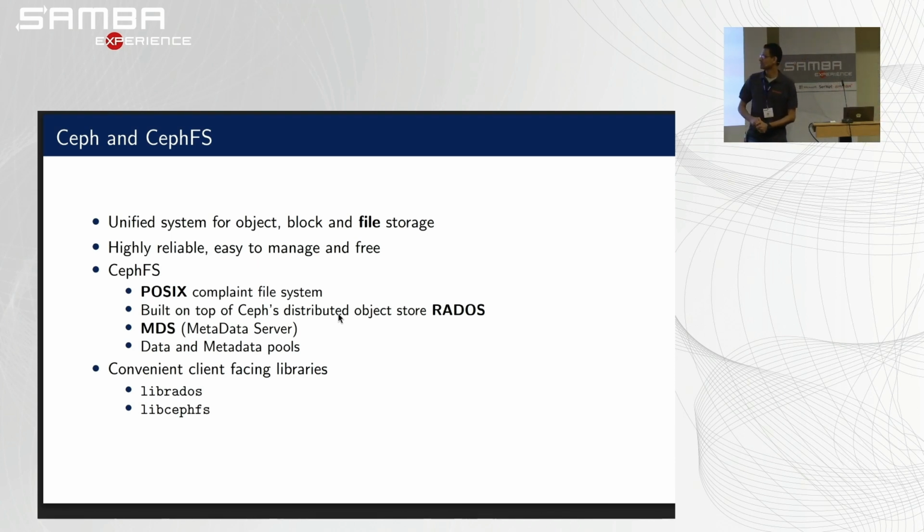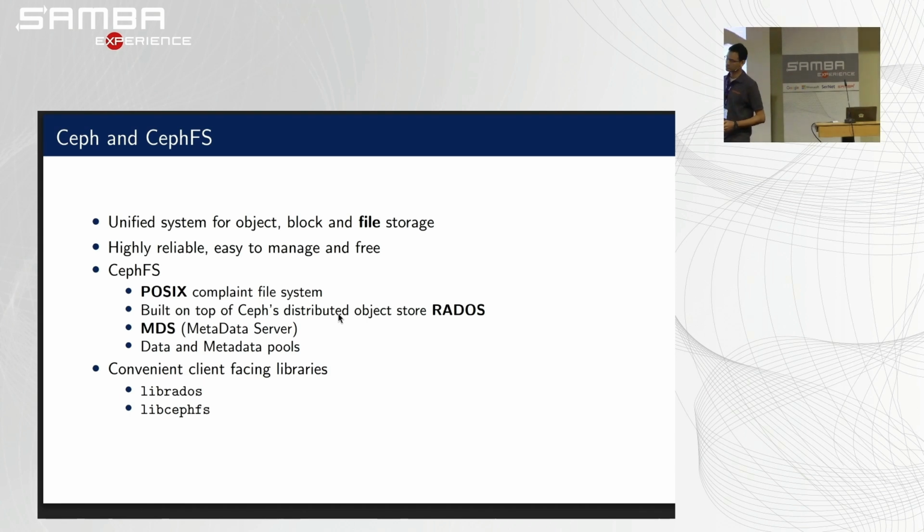So we saw a general architecture in a diagram right now. The CephFS architecture is highly reliable, easy to manage, and POSIX compliant. We saw the metadata server and the data pools, and we have a convenient client-facing library, and that's what we are focusing on right now.